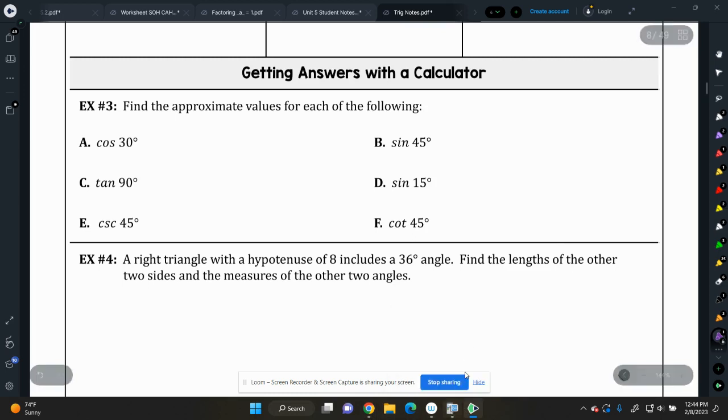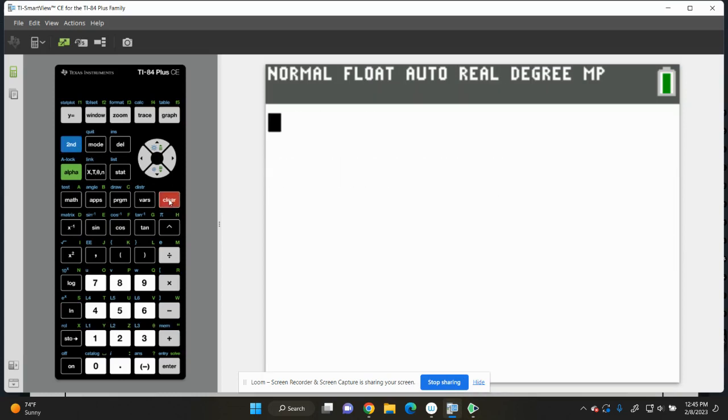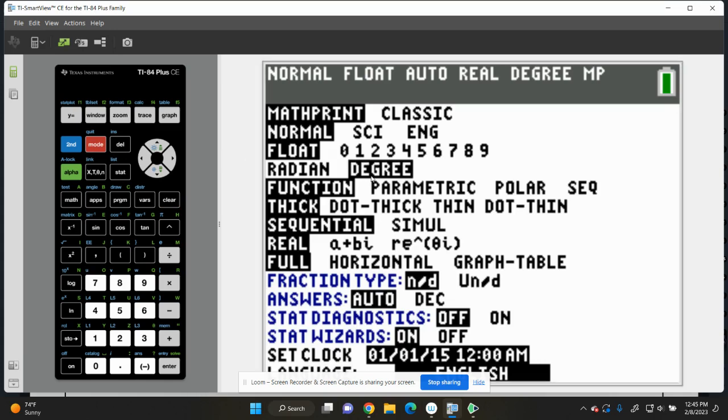All right, cosine of 30 degrees. Let's show you how to do that on your calculator. First off, we need to make sure that we are in degree mode. So press the mode button on your calculator and make sure that degree is selected down here, not radian, okay?